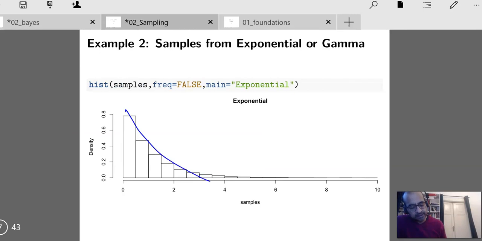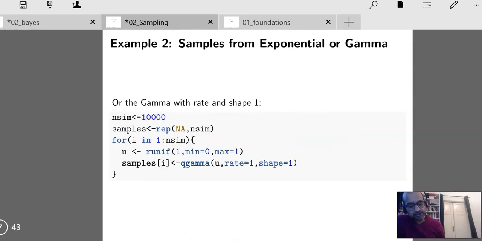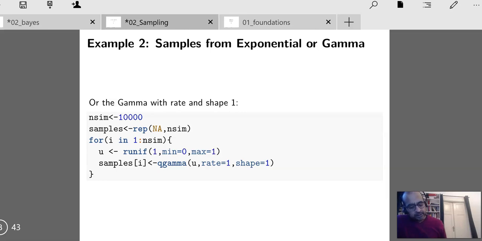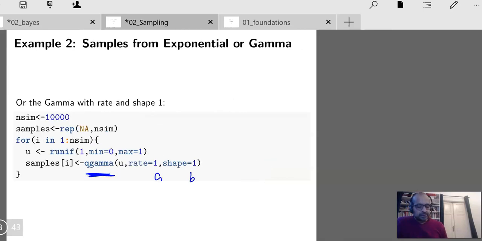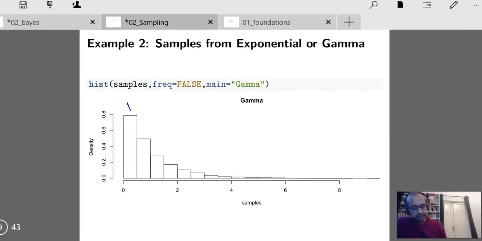So you can see the classic exponential shape here with the rate lambda equal to 1. I think that's what the default is in the qexp function, right? Similarly, for the gamma distribution, instead of using the qexp function, I'm using the qgamma function with a and b parameters set at 1, just as an example. And this distribution again has this characteristic shape that is actually a gamma(1,1) distribution, okay?